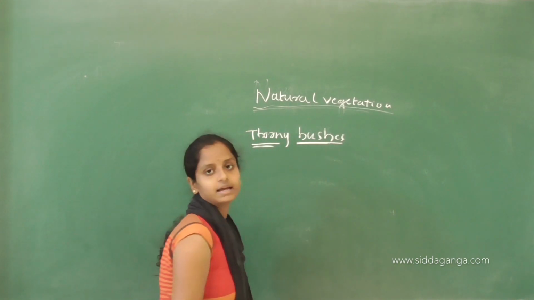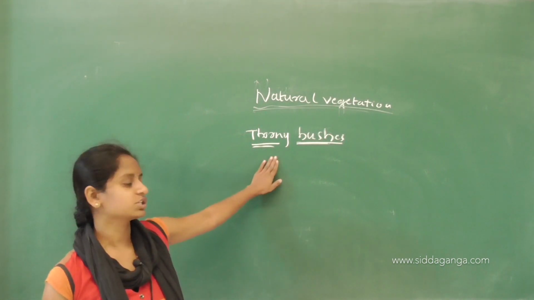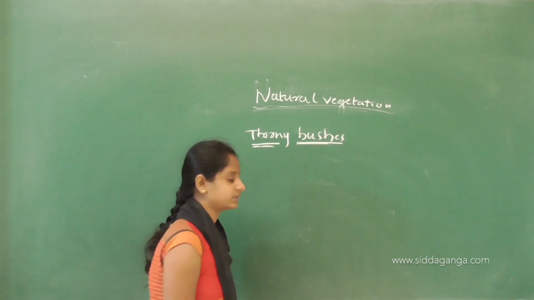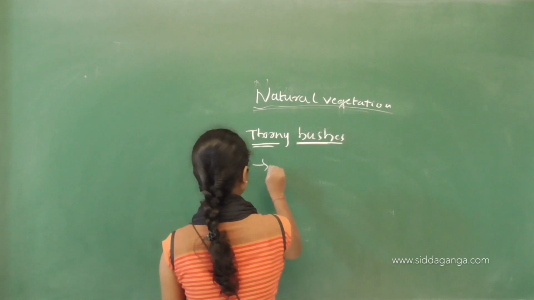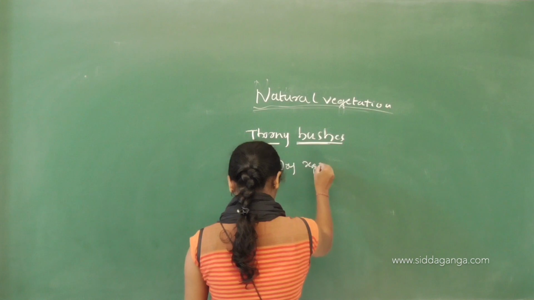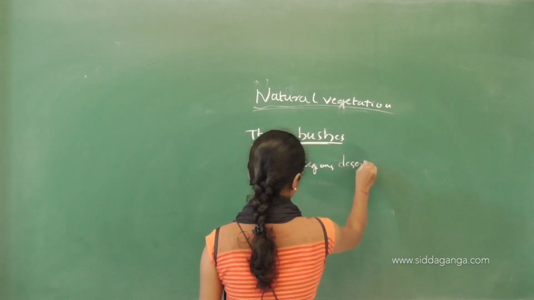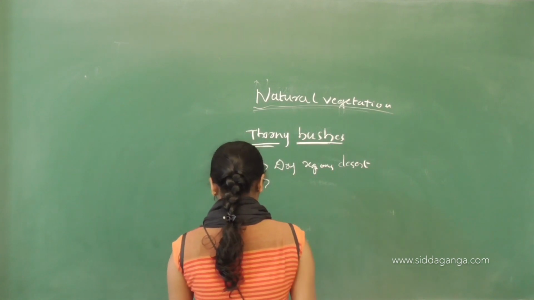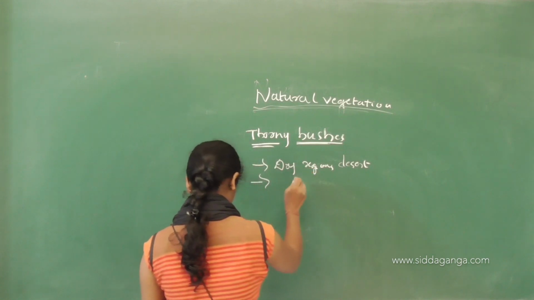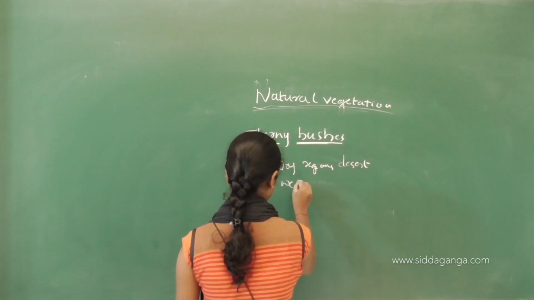As I already said, the scrubs or shrubs, these thorny bushes, can be seen in the dry regions like desert. They can be located at the western margin of the continent.